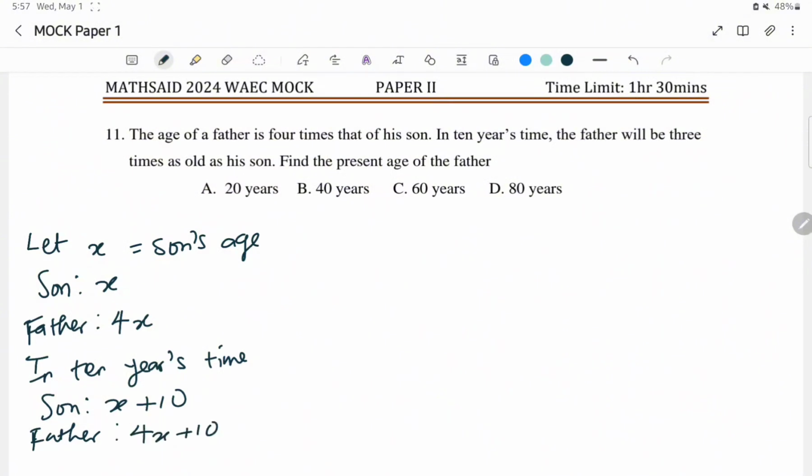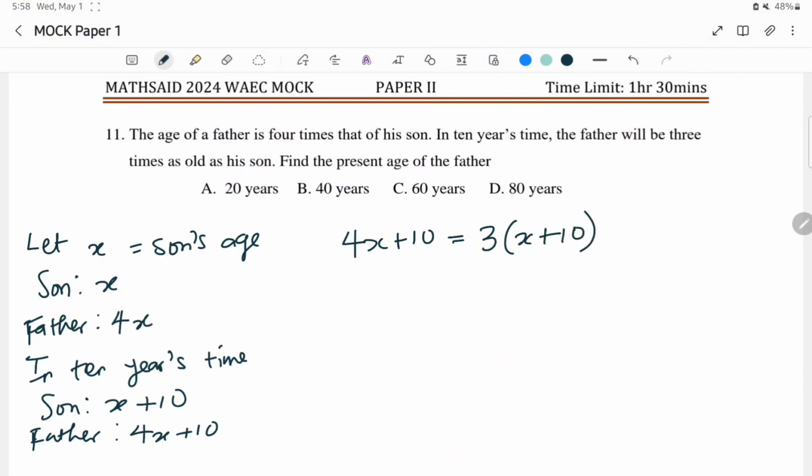Now let's go back to the question. In 10 years' time, the father, which is 4x plus 10, will be 3 times as old as his son. The son will be x plus 10 in 10 years' time, so it is 3 multiplied by x plus 10. Find the present age of the father.